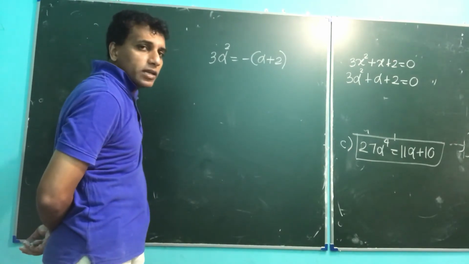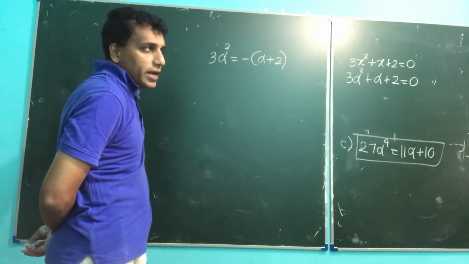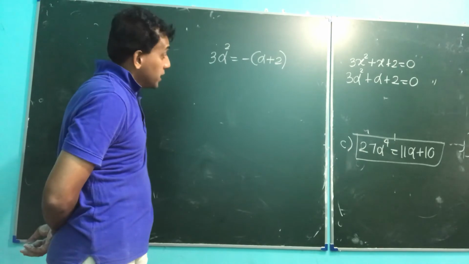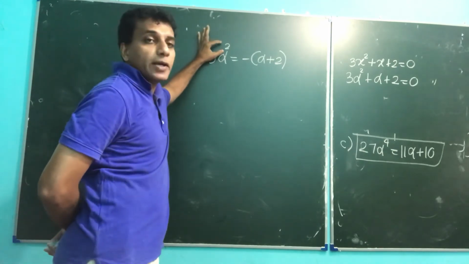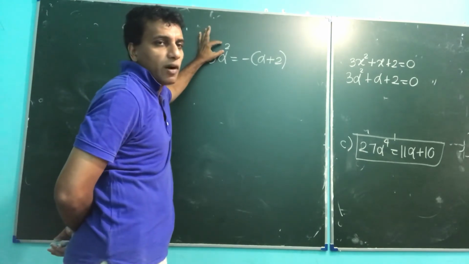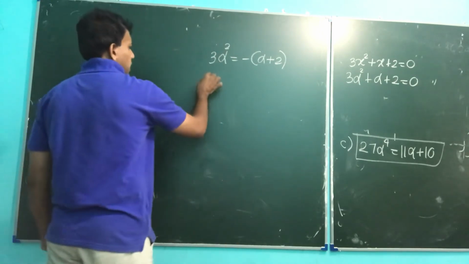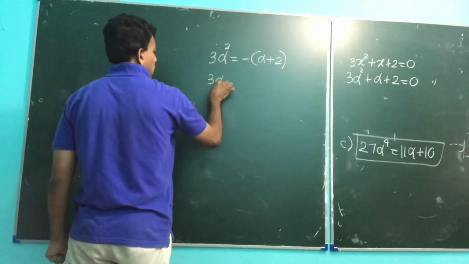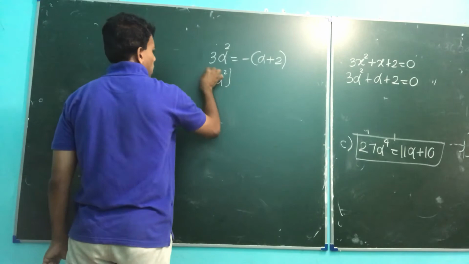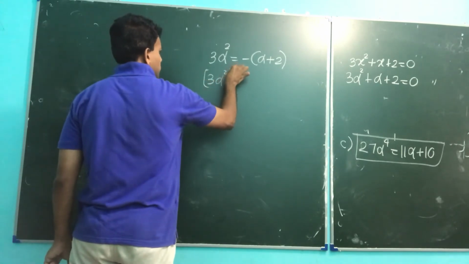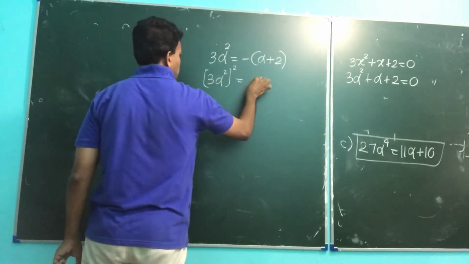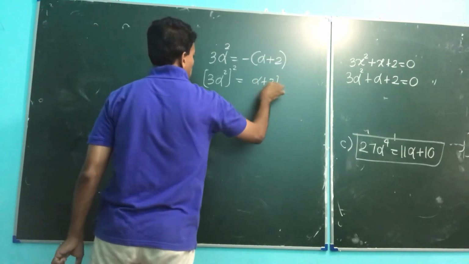Square both sides. If you square both sides, 3 square is 9, and square becomes power 4. Squaring both sides, minus square is positive.